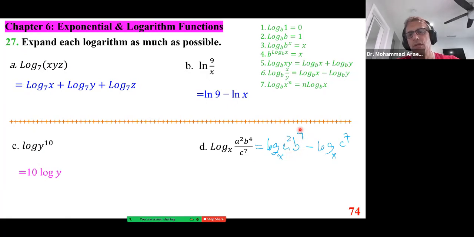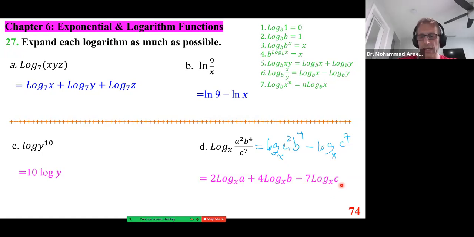So 2 sits in front, 4 sits in front, and this one 7 sits in front. So individually, okay? So this is log of a squared. So 2 log a, same base. All of them will have the same base. Plus log of b to the power of 4. So 4 log of b, and 7 sits in front minus 7 log of c. All of them take the same base, namely x.